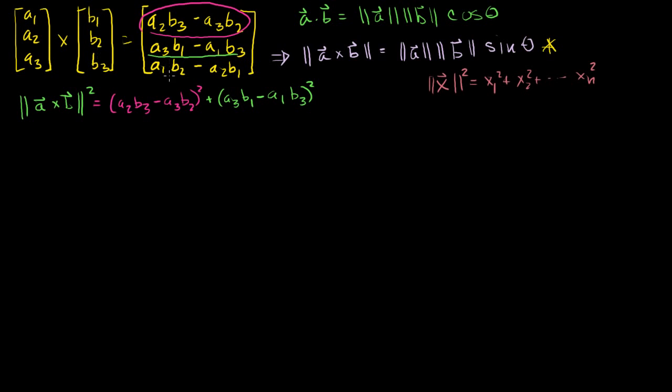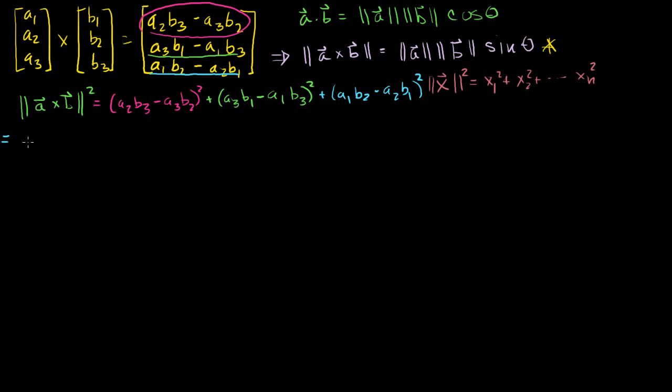And then finally, plus that term squared. So plus a1 b2 minus a2 b1 squared. And what is this equal to? Well, let's just expand it out. So this term right here, we're just going to have to do our expansion of the square of a binomial. And we've done this multiple times.